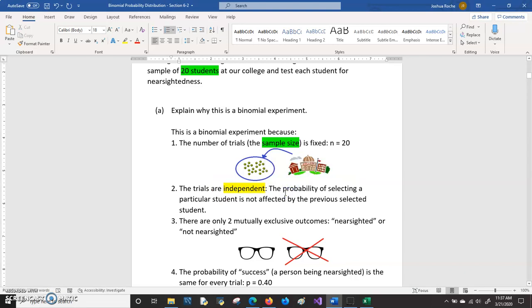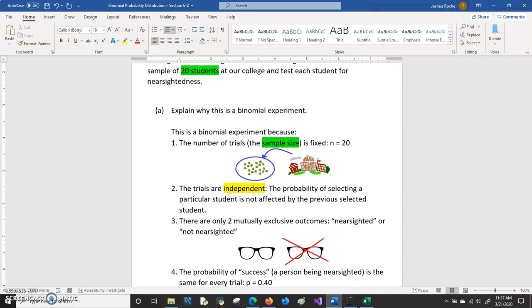And what that means is that every time I select a particular student from the college, that selection is not affected by the previous student that I picked.